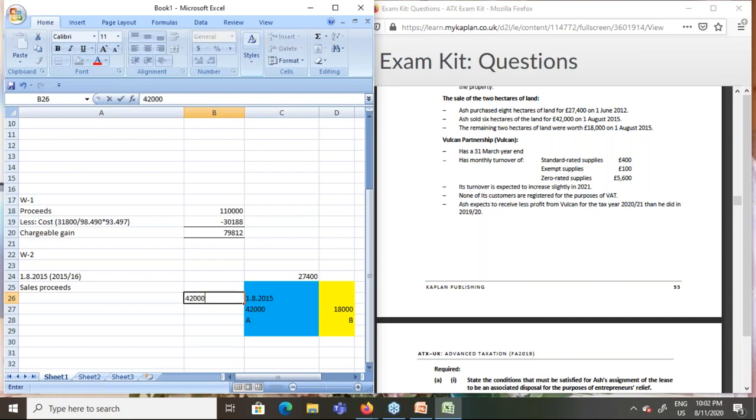You have sold it for 42,000 pounds. Then you need to deduct the cost. You bought it for 27,400, and you multiply it by A, that is 42,000 pounds.